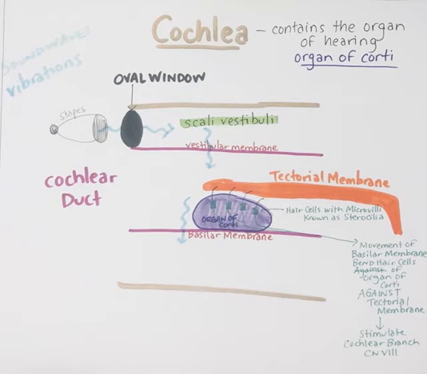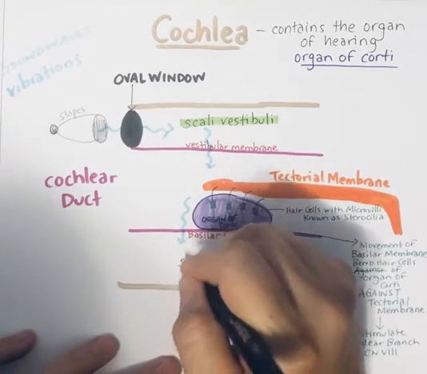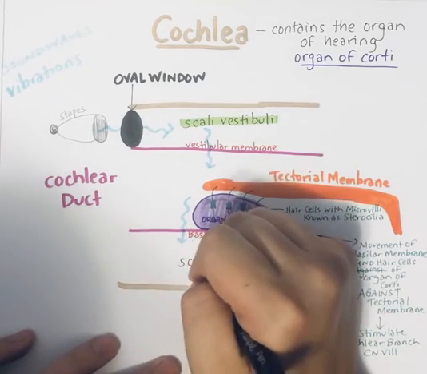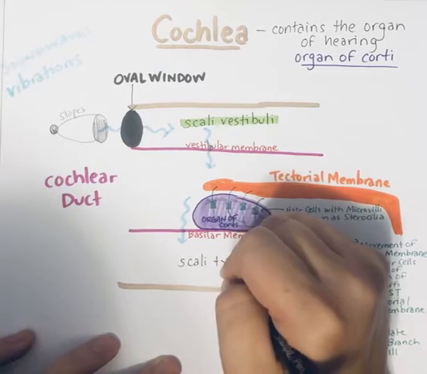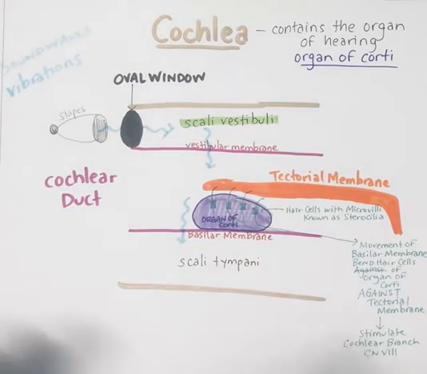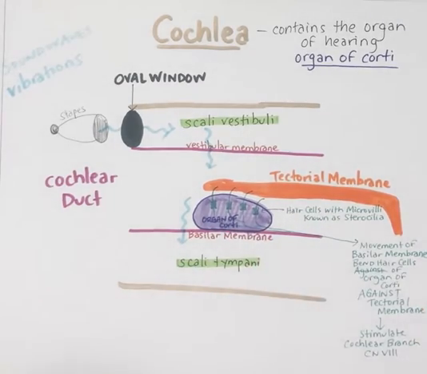So as we talk about sound waves traveling through the basilar membrane, they are going to go to the inferior chamber, which is going to lead out. So we would say this is scala tympani. So the perilymph of the scala tympani is going to vibrate until it gets all the way back to the round window. And the round window is how sound exits.